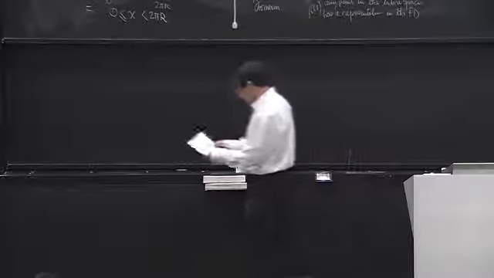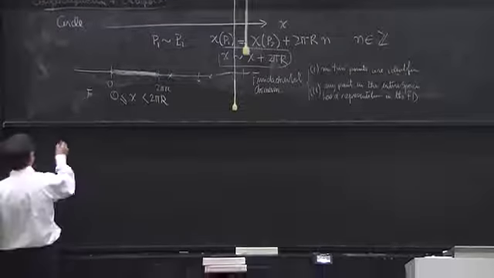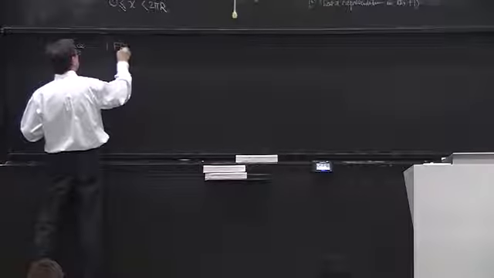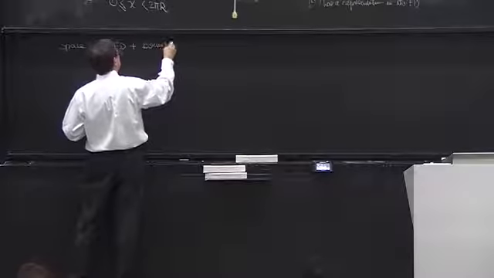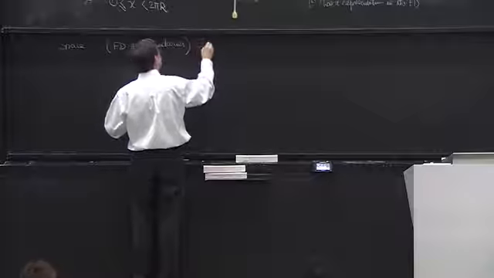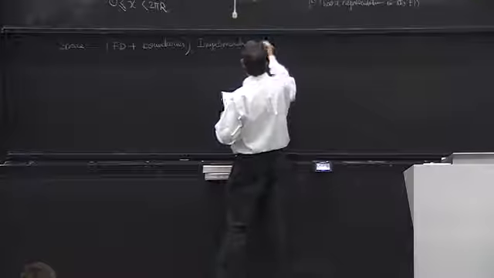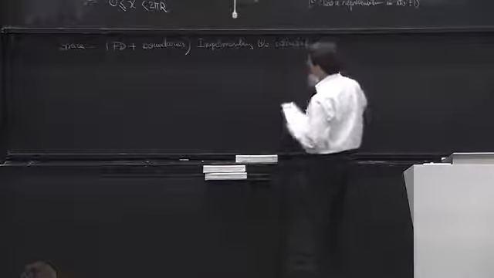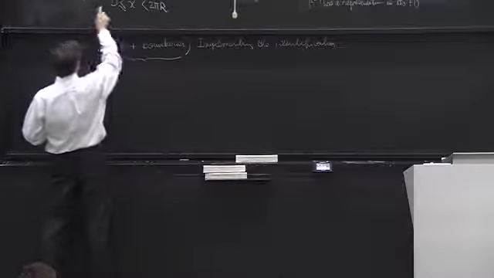Okay. So now how do you build the space? The space that you're looking for is built by taking the fundamental domain, adding its boundary, and implementing the identification. So we take the fundamental domain, in this case is this.